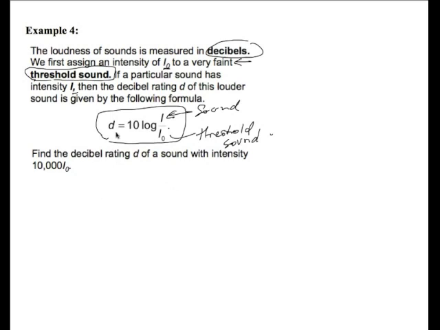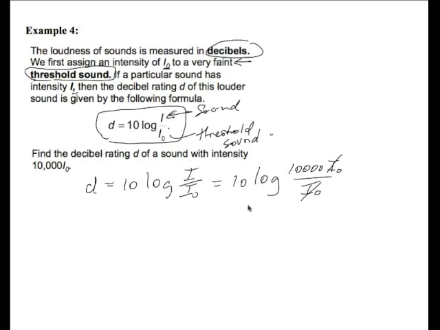So what we have here is D is equal to 10 log of I over I0. In this case I is 10,000 I0, so this will be 10 log of 10,000 I0 over I0. Notice the I0's cancel. So this is going to be 10 times the log of 10,000.